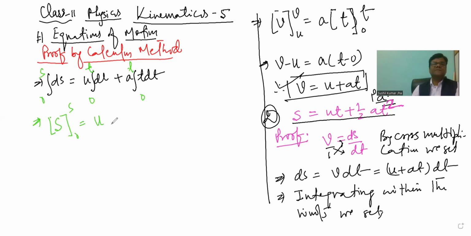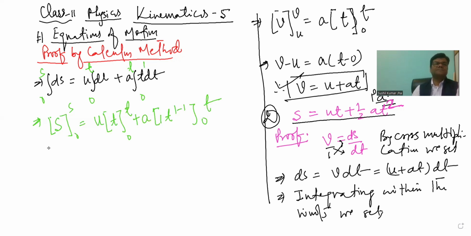U dt becomes t, limit is 0 to t, plus a. Over here, power over t is 1. So x to the n, integration gives x to the n plus 1.